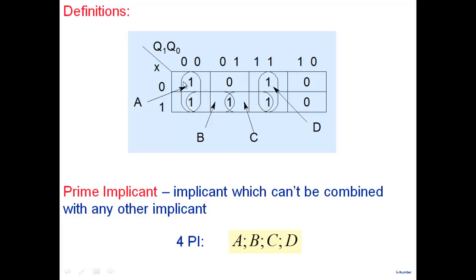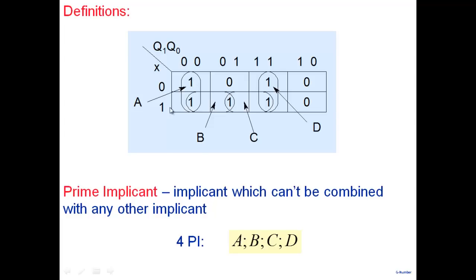C doesn't cover this. D doesn't cover this. So A is a prime implicant, it covers these two terms here, and the circle is drawn around these two. But A happens to cover a term which no other prime implicant covers.